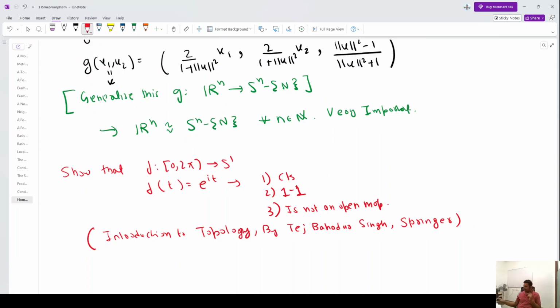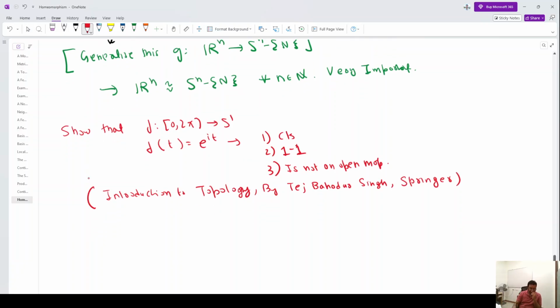Okay, let me give you one more fun exercise. Let X be an uncountable set with the cofinite topology.